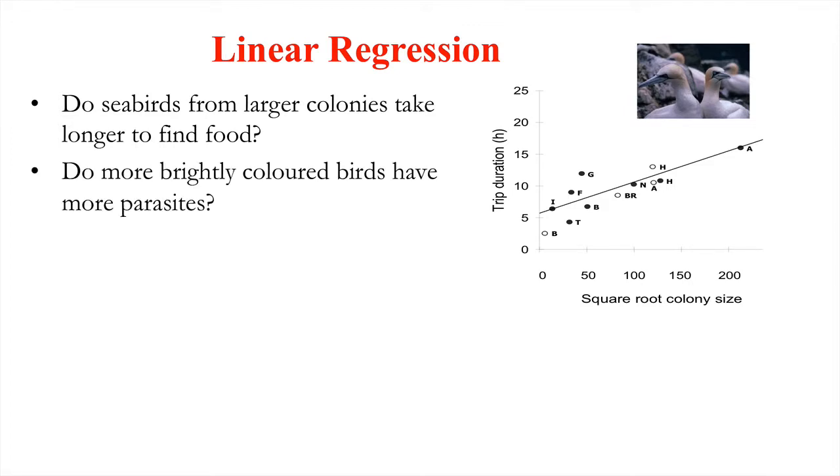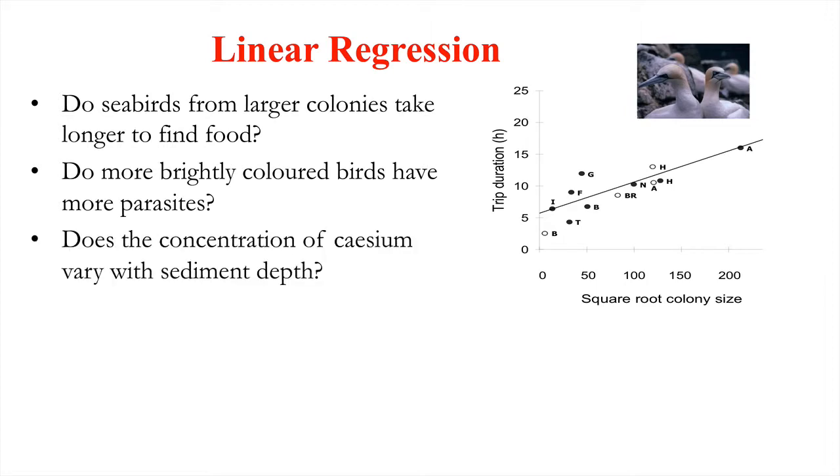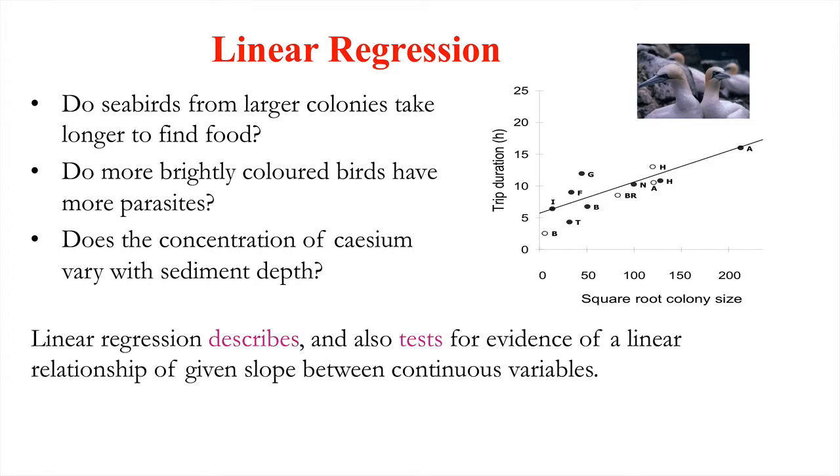We could ask, for example, do brightly coloured birds tend to have more parasites? Or does the concentration of cesium vary with sediment depth? Linear regression describes relationships between continuous variables, but also tests for evidence of a linear relationship of a given slope, particularly of a zero slope.